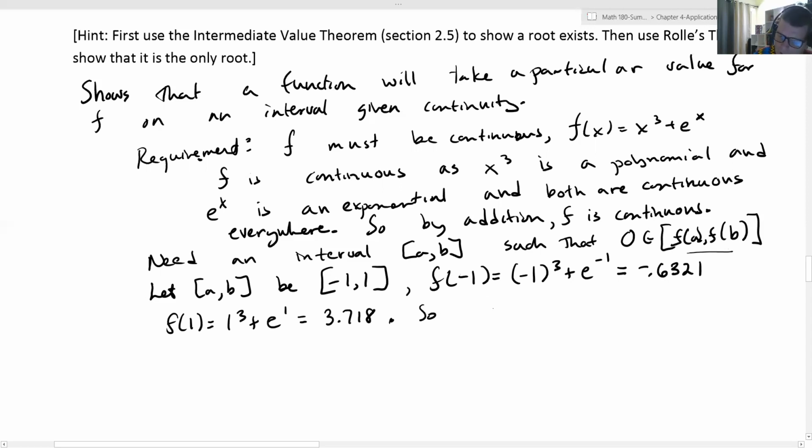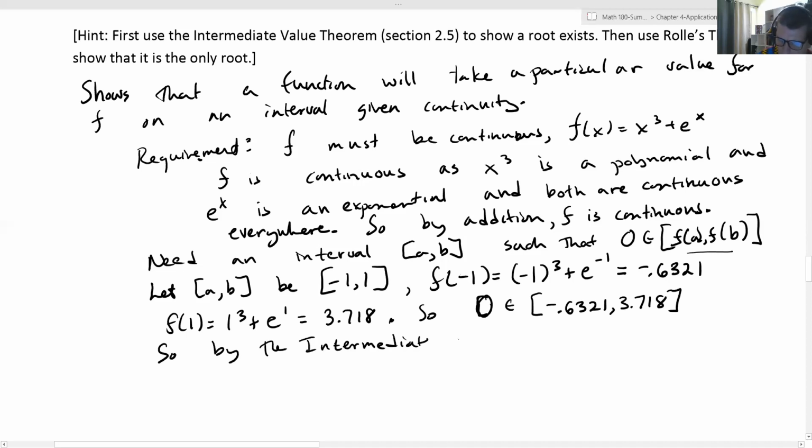So 0 belongs to -0.6321 to 3.718. All right, so what we now know is that 0 belongs to that interval. So by the intermediate value theorem, f of c equals 0 for some c belonging to -1 to 1.